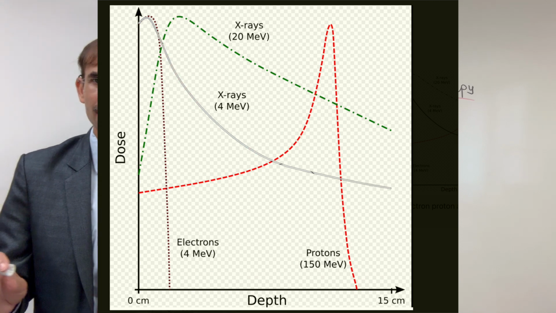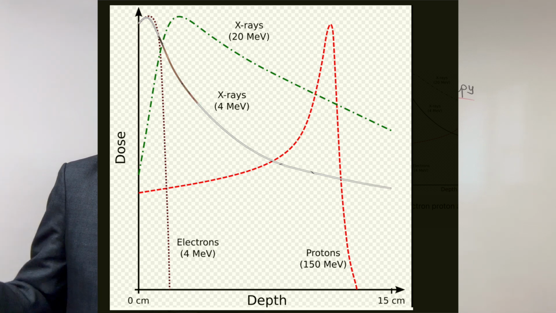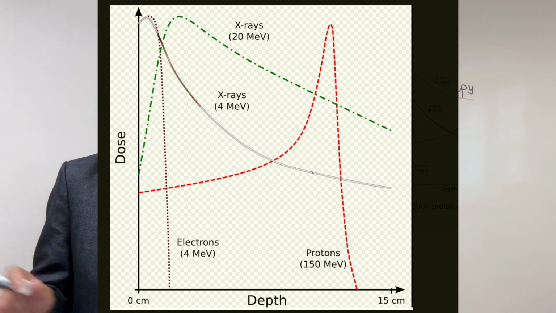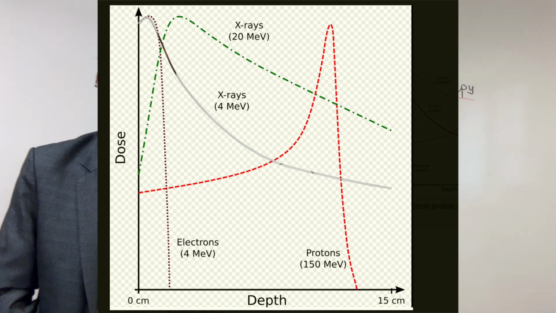So skin sparing is excellent. You can save the skin and superficial organs. The buildup region spares skin from high doses because we want to spare these organs. Penetration is deep, so nowadays the most commonly used in the linear accelerator for deep tumors is the high energy X-rays.